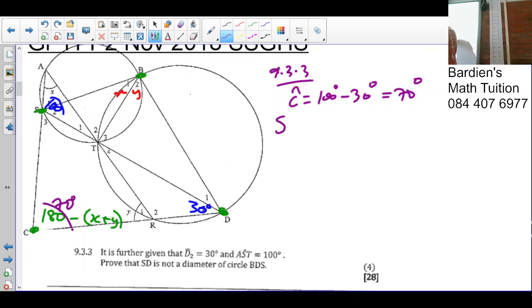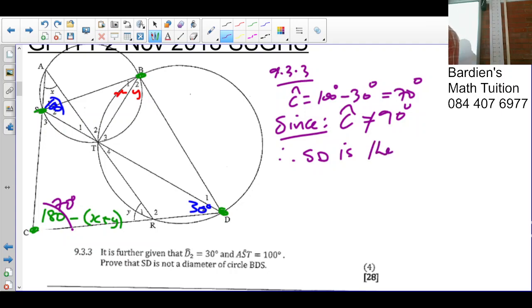So we say, since angle C is not 90 degrees, therefore SD is not the diameter. Reason? How many marks is it, 4 marks?